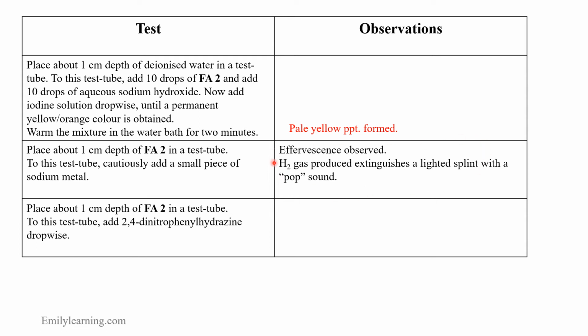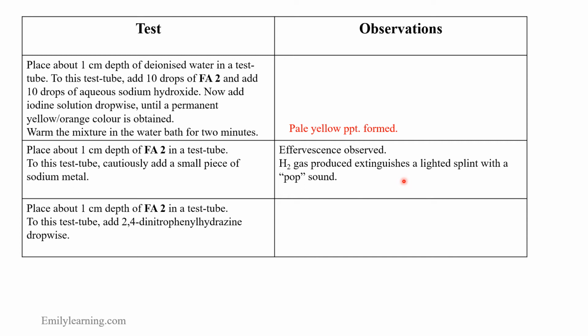Observe that H2 gas produced extinguishes a lighted splint with a pop sound. So if we know this, what does it suggest? It tells us that the functional group present in Fa2 is able to react with sodium to give hydrogen. And what are the functional groups that would undergo such a reaction? Well, it will be our alcohol groups, phenols, and carboxylic acid.